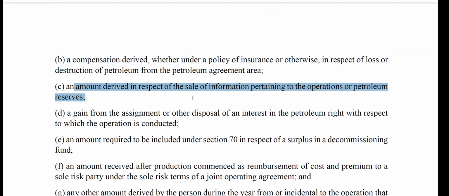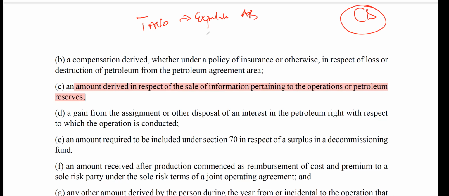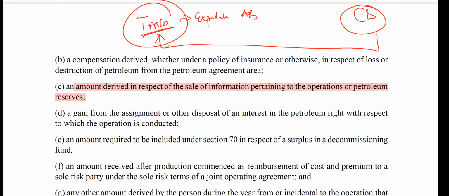An amount derived in respect of sale of information pertaining to petroleum operations or reserves. Let's say I was at the Tunnel, Cape Three Points, and I went to do exploration there, AB Petroleum. And then another company called CD Petroleum comes and says, oh, Chairman, I've also got a license for Tunnel West, Cape Three Points. Can you kindly sell me the data that you have already done the exploration and all that?